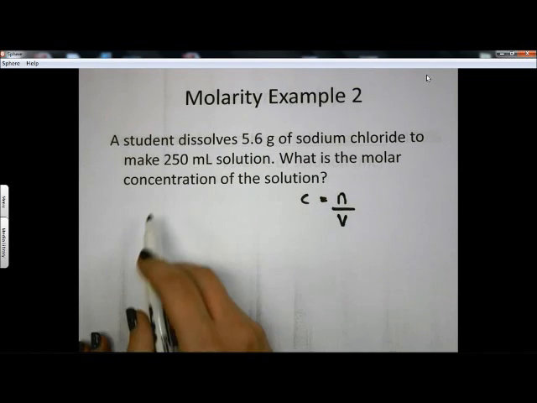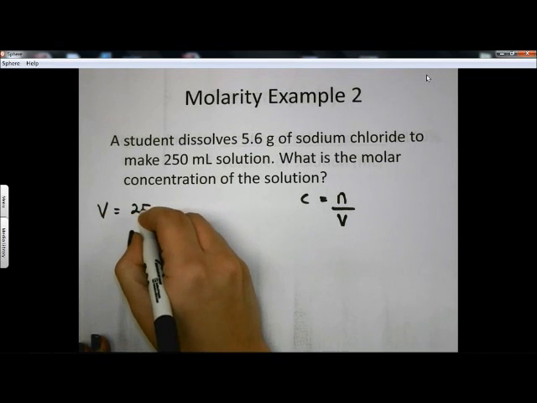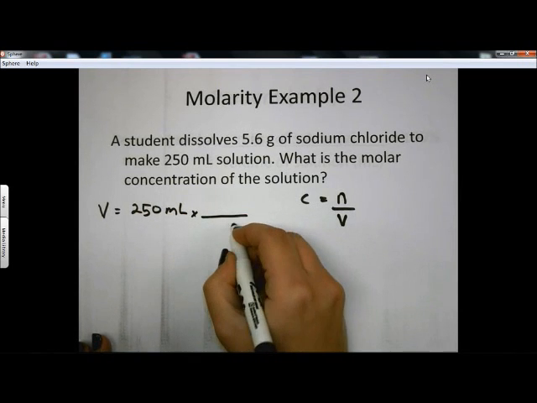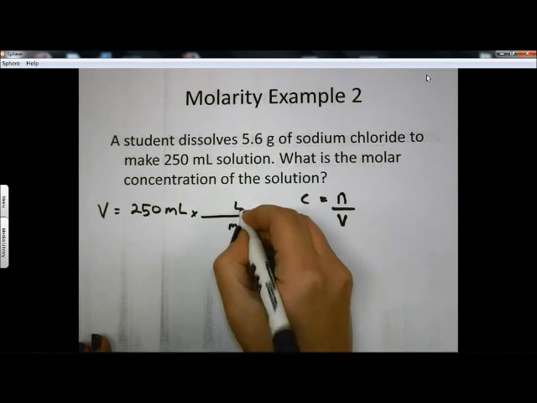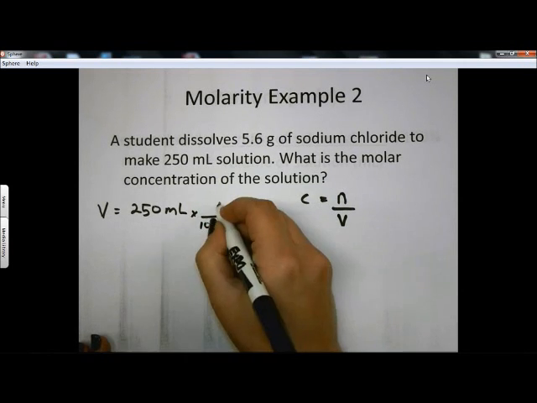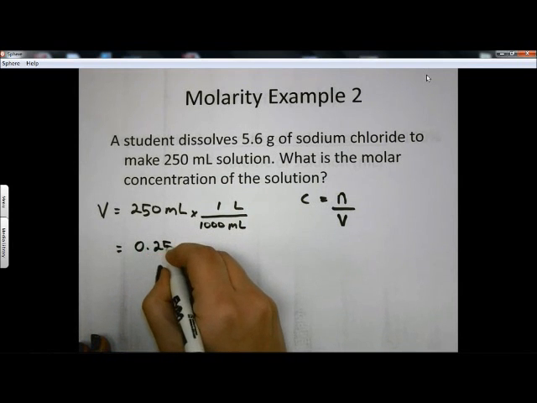So let's change that. Our volume right now is 250 milliliters. I need to change this from milliliters to liters. And I know that there are 1,000 milliliters in 1 liter. So that would give me 0.250 liters.